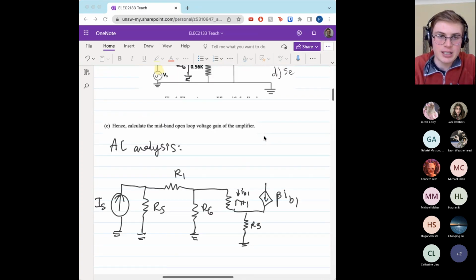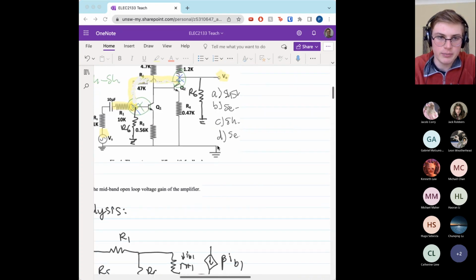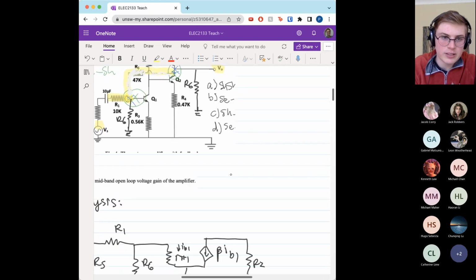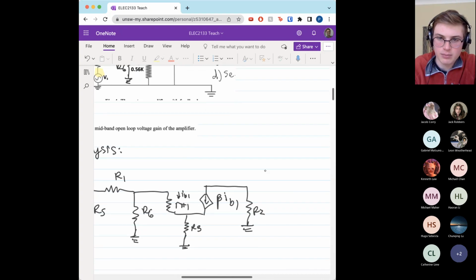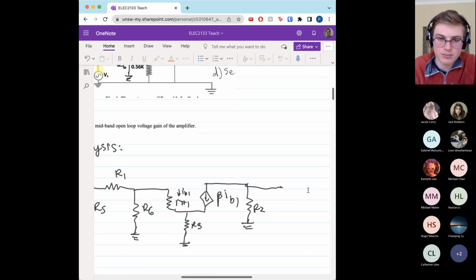We have our R3, which goes to ground. And then R2 sits in parallel up here. We're grounding our 10 volts. It's a DC source. And then we have our next transistor.